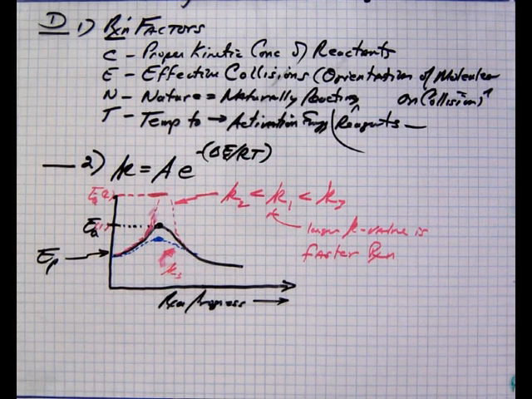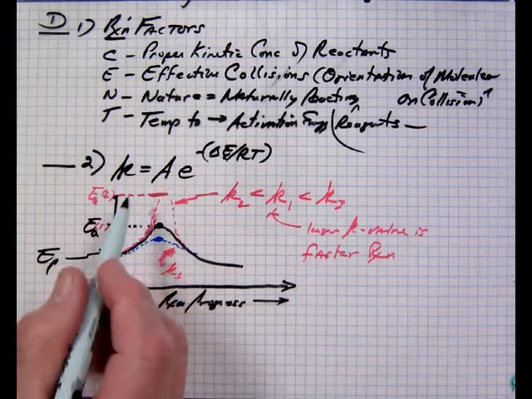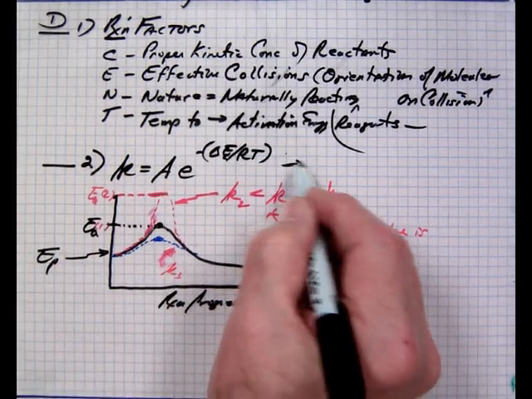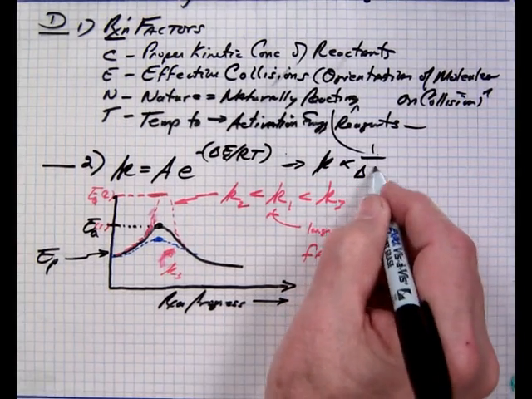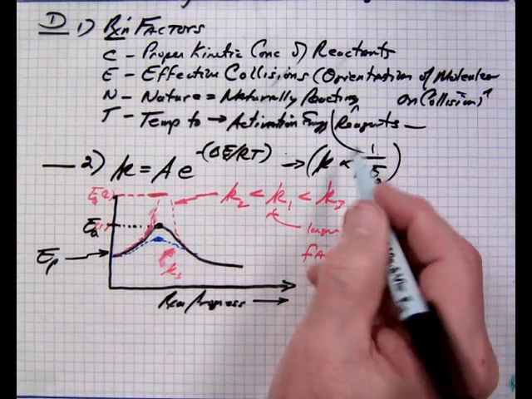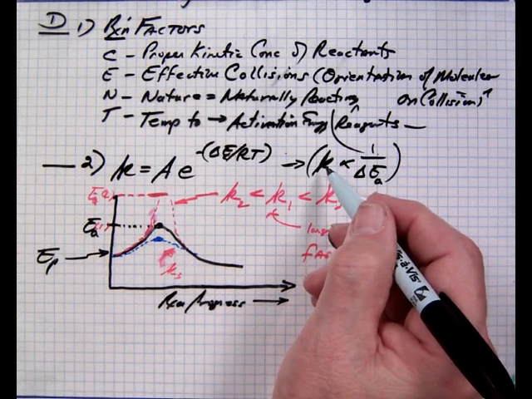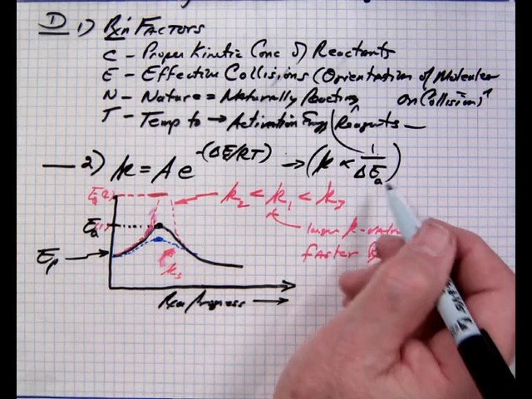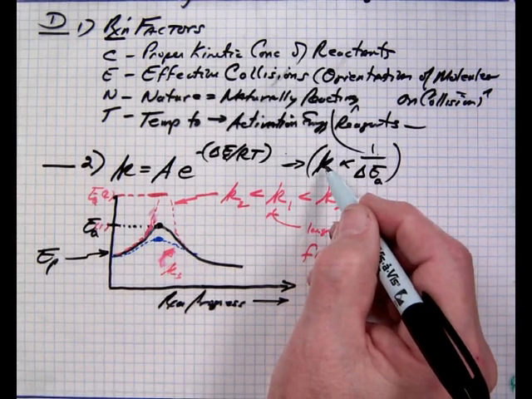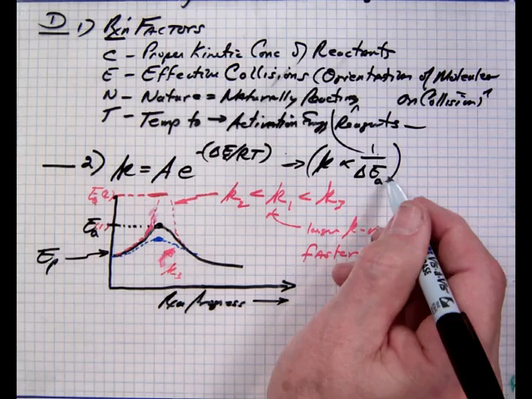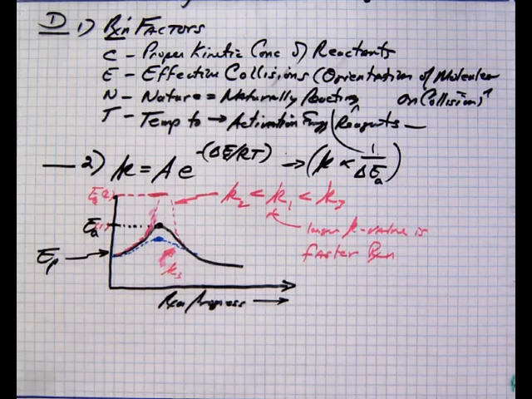And reciprocal of a reciprocal will still be inversely related to K. So if you want a higher number here, you would have to have a lower number in the delta E position. If you want a lower number in the K position, you would have to have a larger delta E in there.